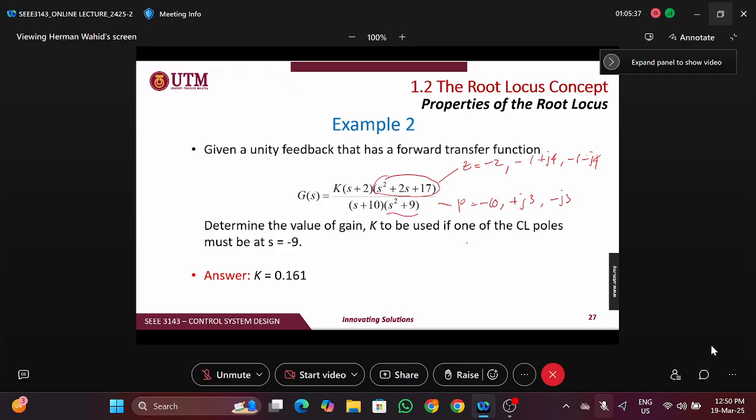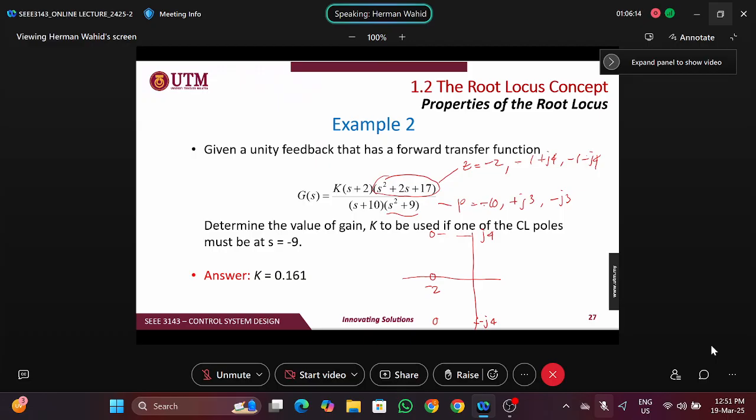Okay, so locating all those poles and zeros, we do have -2, sorry, this is zero, not pole, zero, -1 plus j4, so for example, it is here, so this j4, and this is -j4, so we have 1 to 3 zeros, and we also have 3 poles.